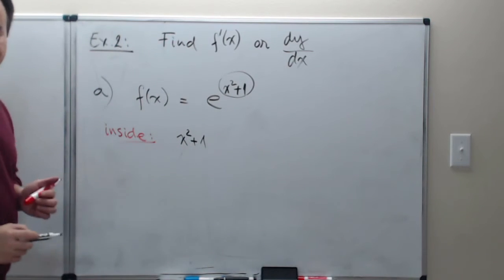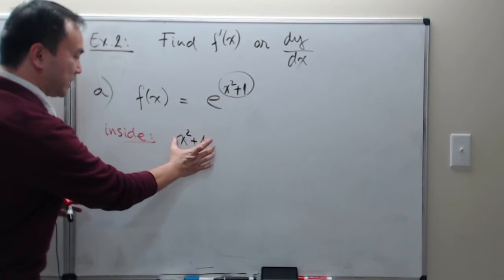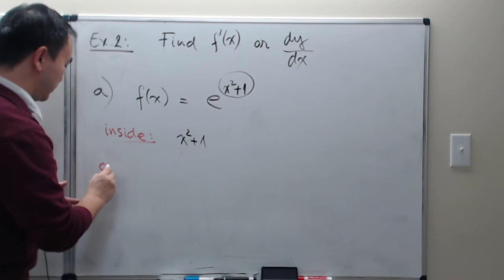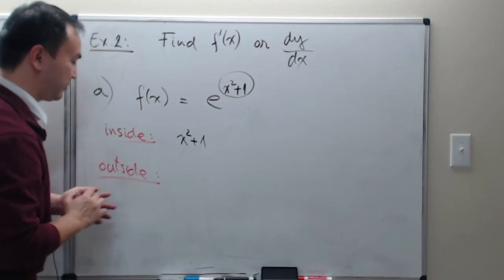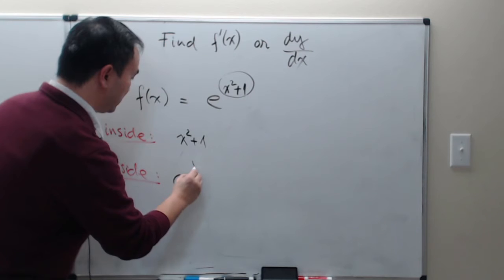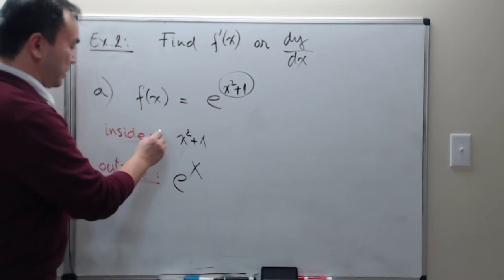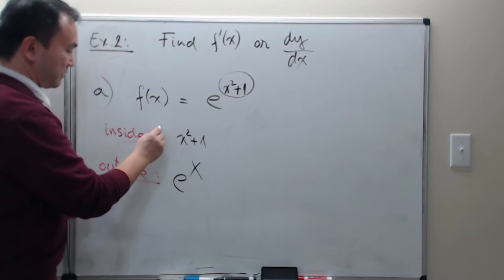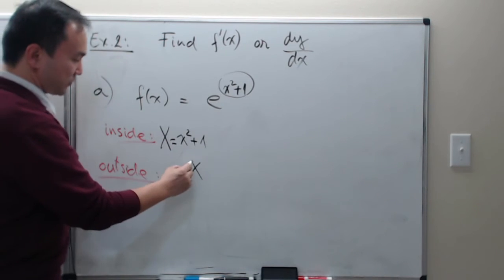That's the inside. Then once you've got the inside, think about substituting that away. Then the outside is just e to the x, some e to the x like that. Because here we can let that be some capital X, and that's why the outside is e to the capital X right here.